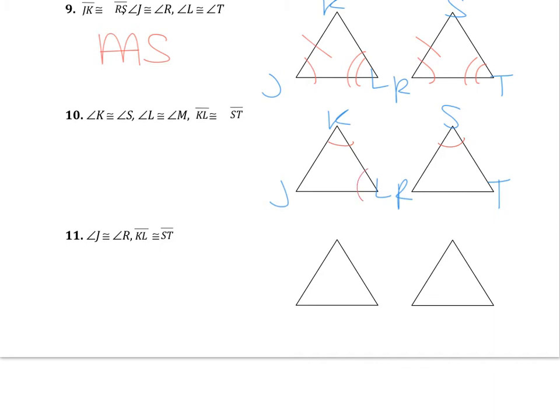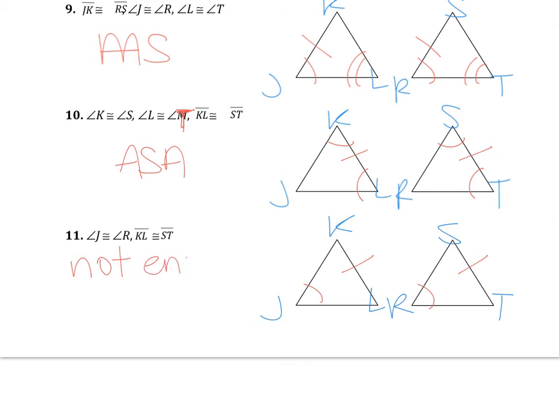L, and this should be a T. K, L, S, T. Angle, side, angle. Okay, I have J with R, K, L, S, T. I only have a side and an angle, so I don't have enough info.